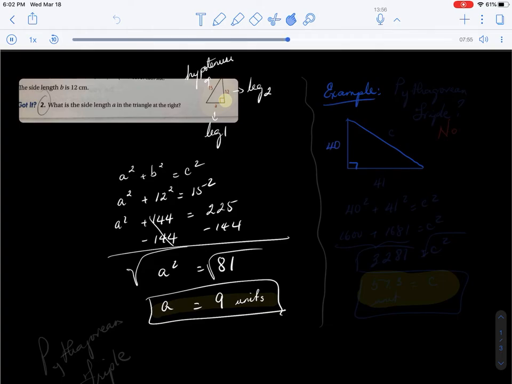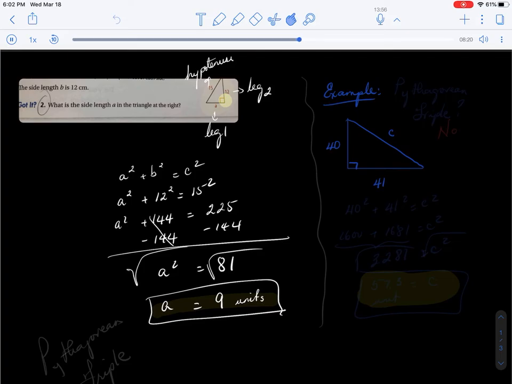I have B to be 41. Okay, I'm going to find out what C is. My question is, is this a Pythagorean triple after I find out what the C value is?